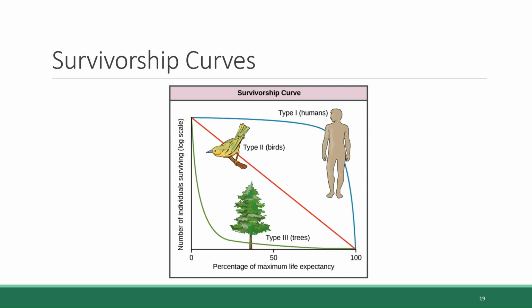And that's what's being done here. We see three big groups of organisms represented here: humans, birds, and trees. And these three groups exemplify three different typical patterns of survivorship. We call these three patterns type 1, type 2, and type 3 survivorship curves.